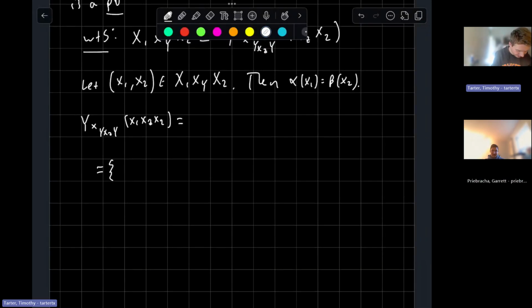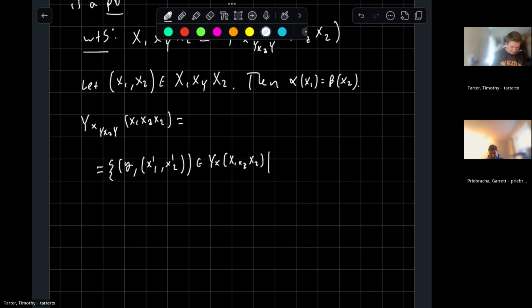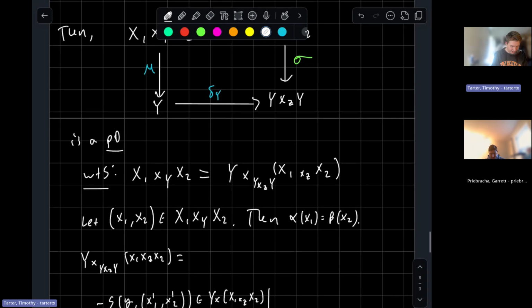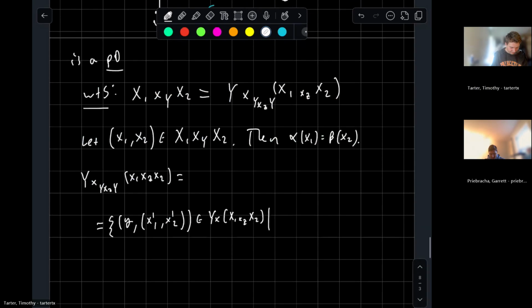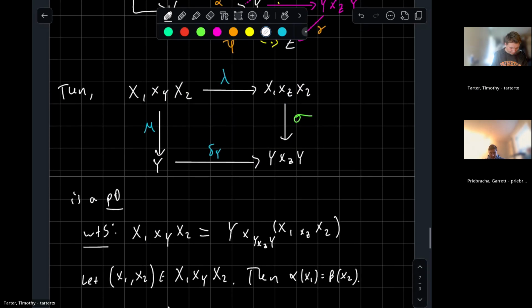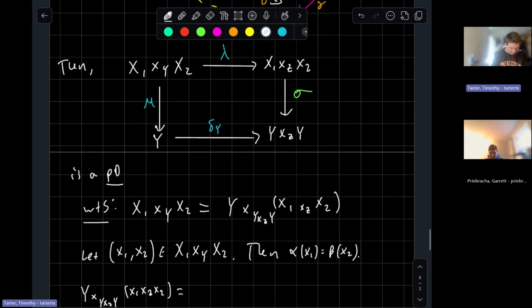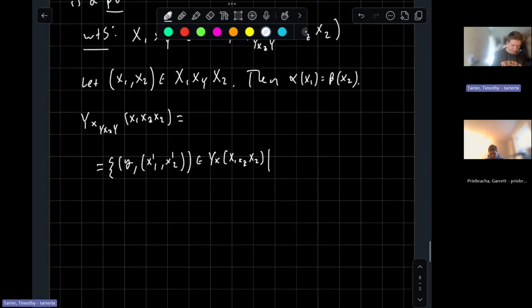So this is equal to the set of y, comma x prime 1, x prime 2 in the fibered product through z of x1 and x2 such that delta y and sigma factor nicely.